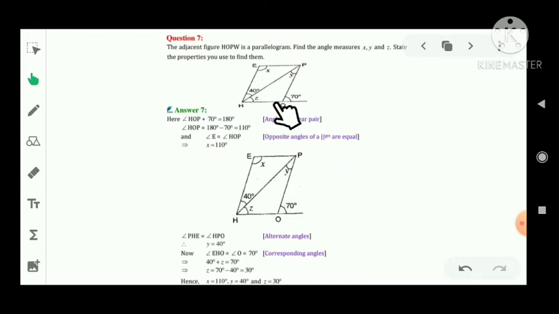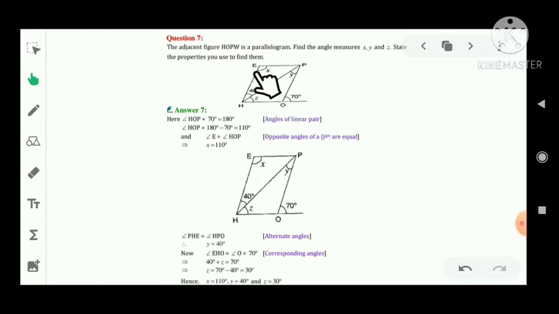To find the interior angle of O, we have to use the linear pair property. That means 180 minus 70 degrees will be angle HOP. That means O's value will be 110 degrees. When we subtract 180 minus 70 degrees, its value will be 110 degrees. So student, here the angle will be 110 degrees.